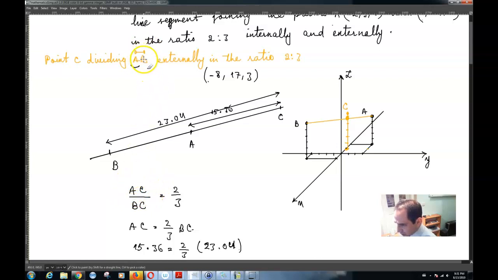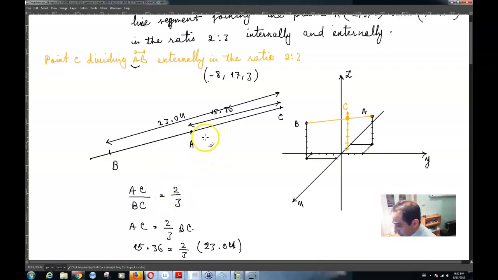Then you take the distance between the second point on the line segment, and the point which is dividing your line segment, which is C, so which would be BC, and that would be equal to your exact ratio, irrespective of the fact that whether your ratio is some value less than 1 or greater than 1. So this works all the time.